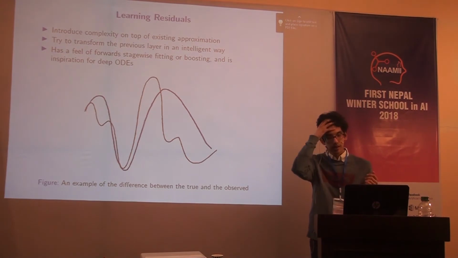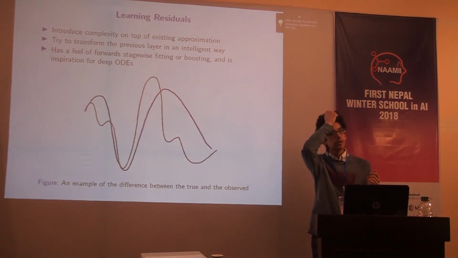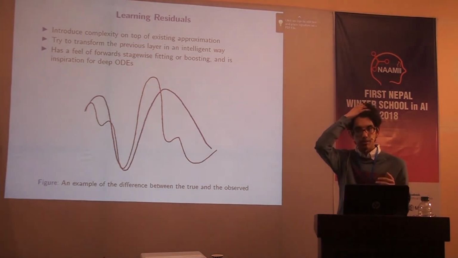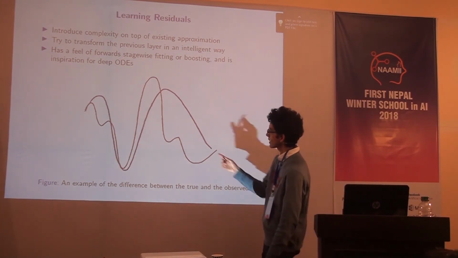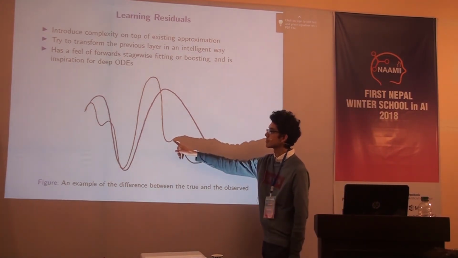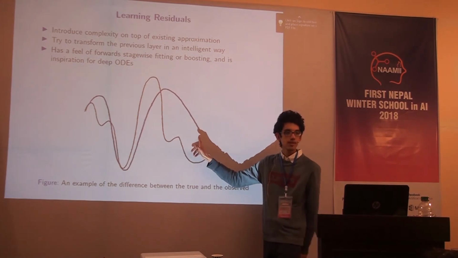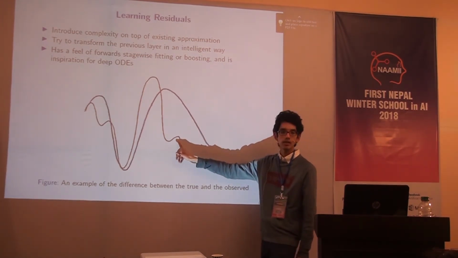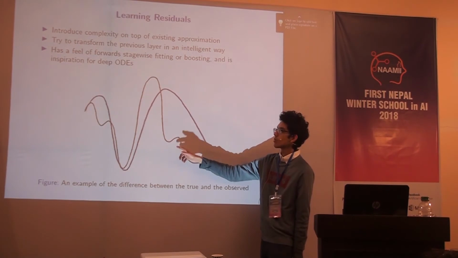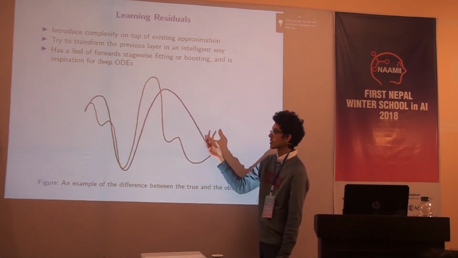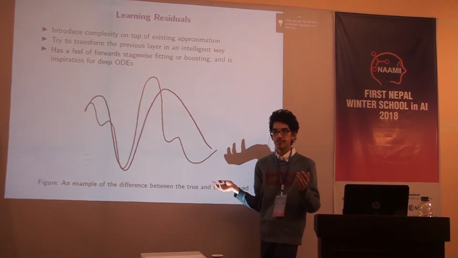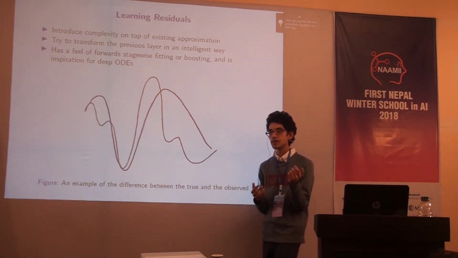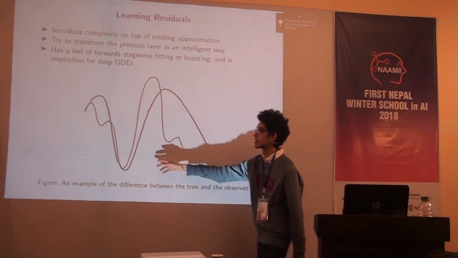Abstracting that away, what is the problem? The insight that the people who came up with the residual network paper had is this: let's say the purple is your current guess, and you're trying to approximate the black. One thing you can try to do is learn a full function-to-function mapping. But this is complicated, right? It's hard to get it exactly right that this has to decrease and this has to increase a little bit.